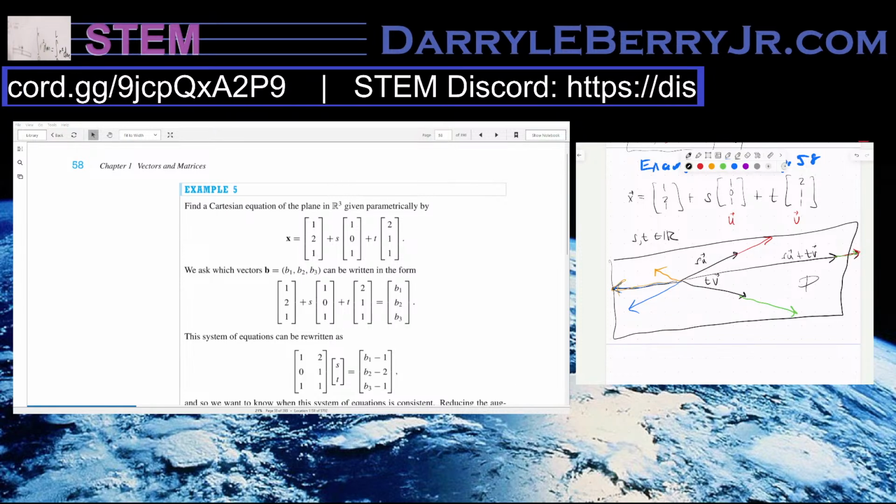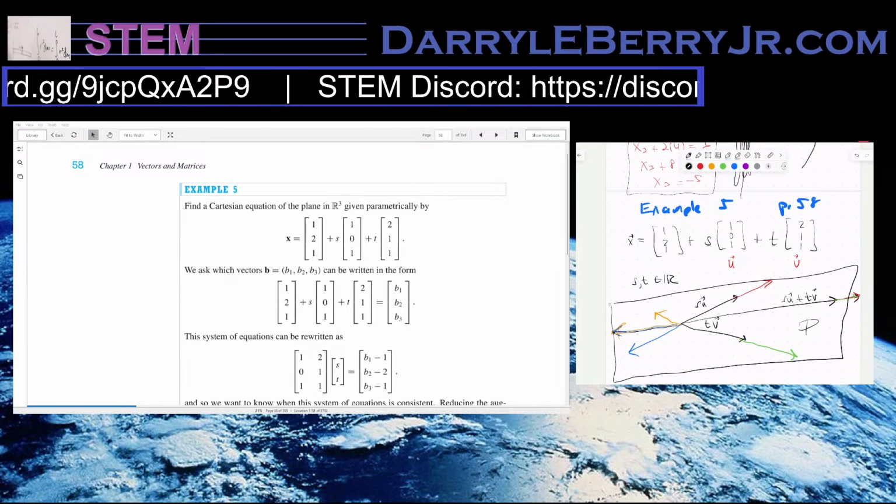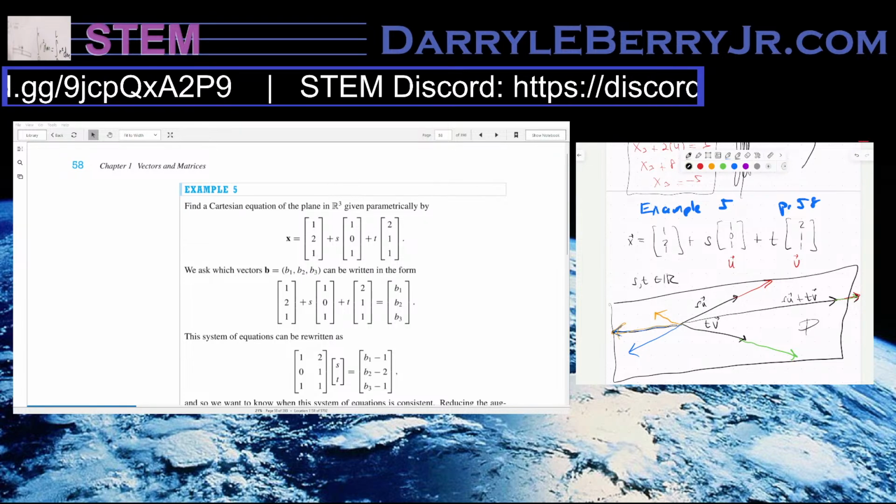So what I can do then is go ahead and take this parameterized form and change it back to the Cartesian form.